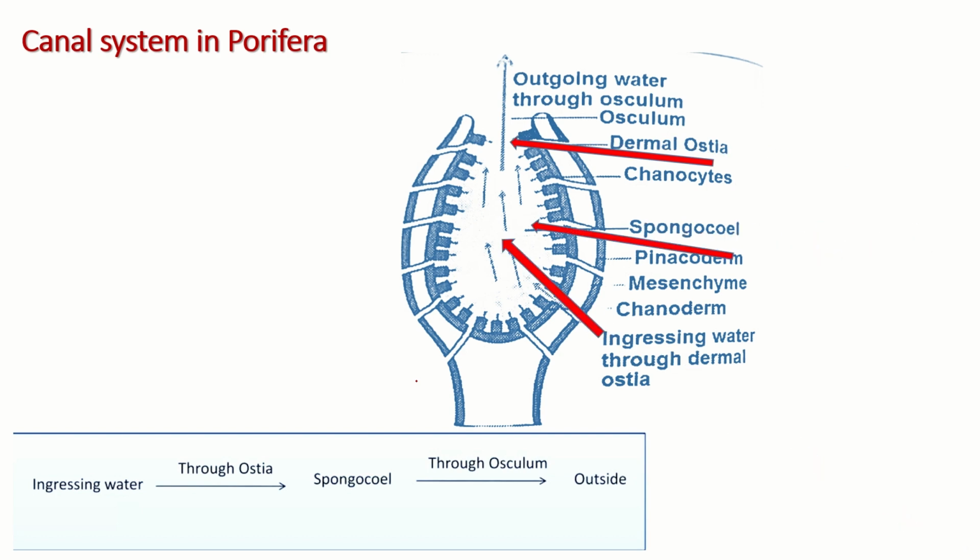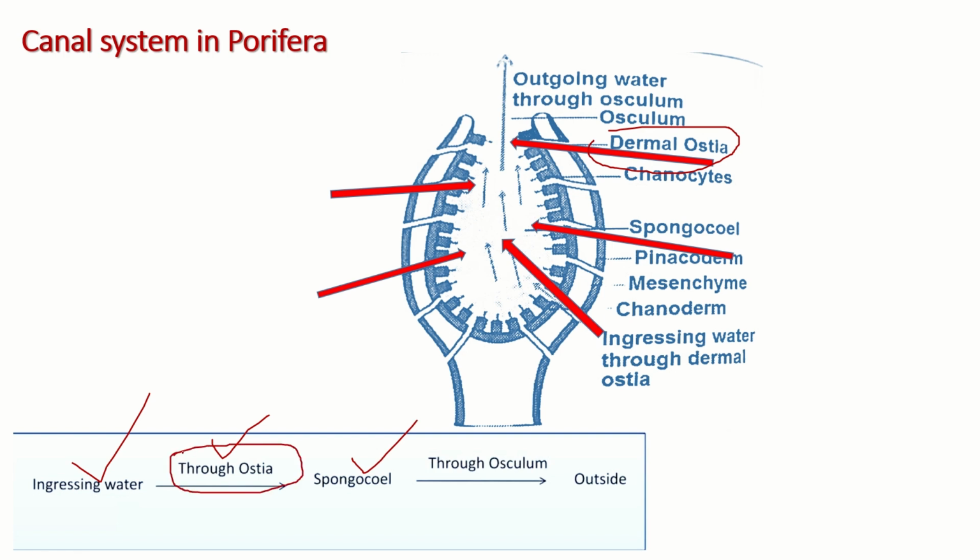Dermal ostia are small pores. So the ingressing water comes through the ostia into the body cavity called the spongocoel.